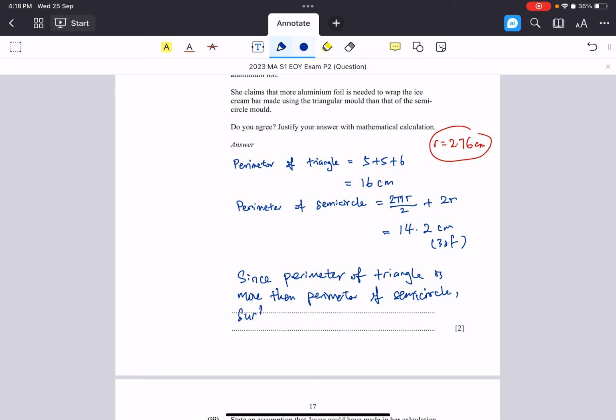The surface area of the triangular mold will be greater than the surface area of the semicircle mold.